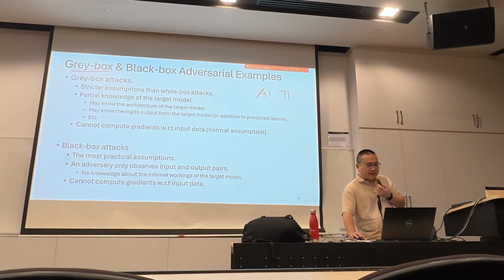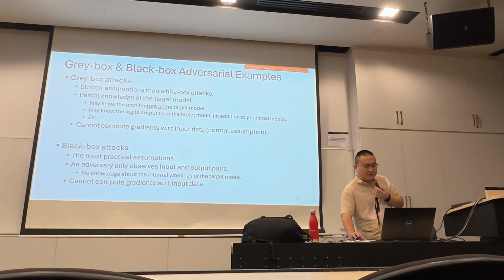For gray box attacks, it means that we have stricter assumptions than white box attacks. For white box attacks, we know everything about the target model. For gray box attacks, we only have partial knowledge of the target model. For example, we may know the architecture of the target model, or we may know the logit output from the target model, but we only have partial knowledge.